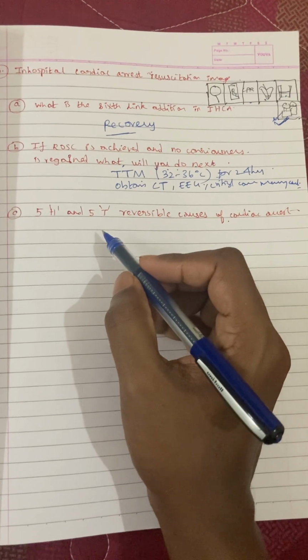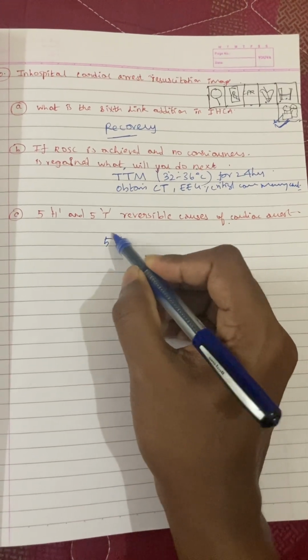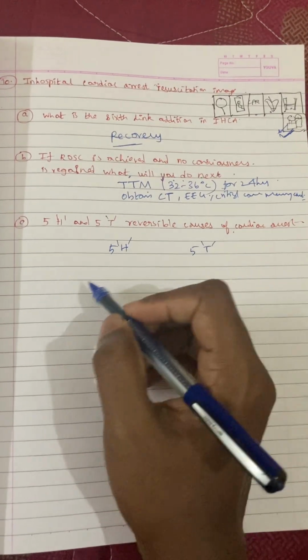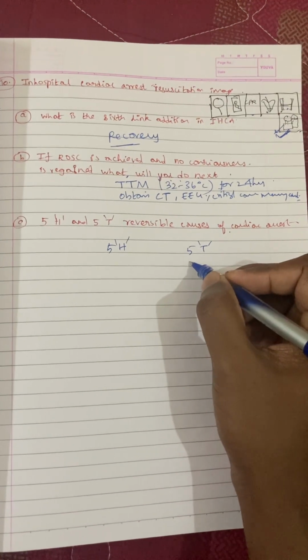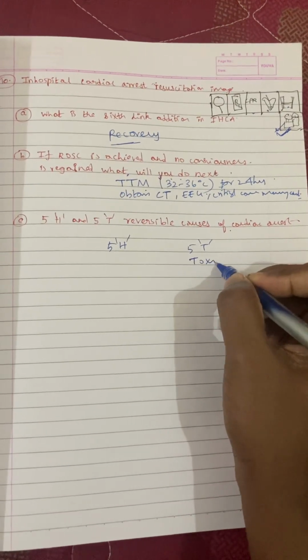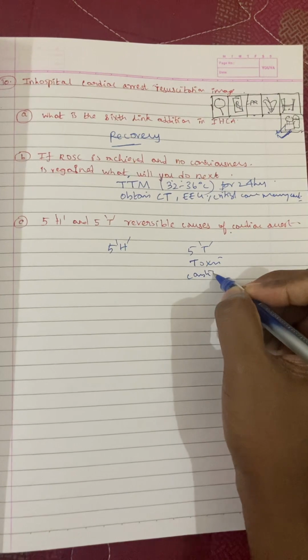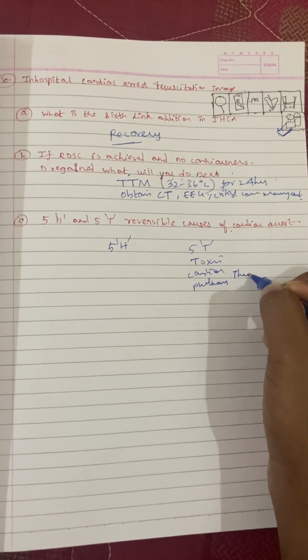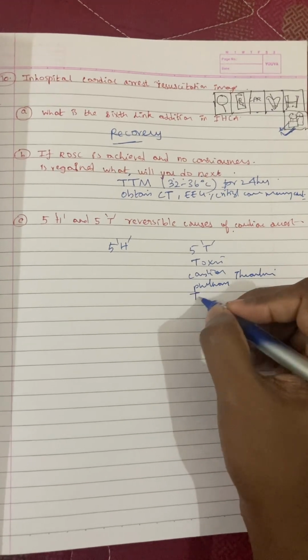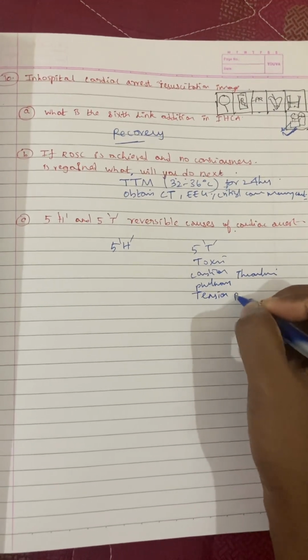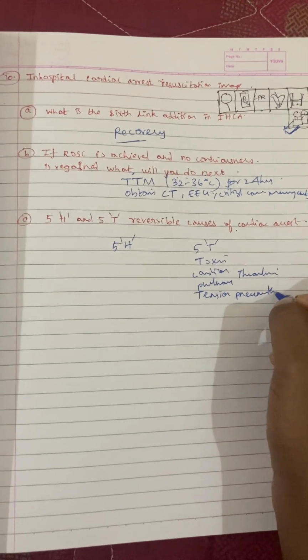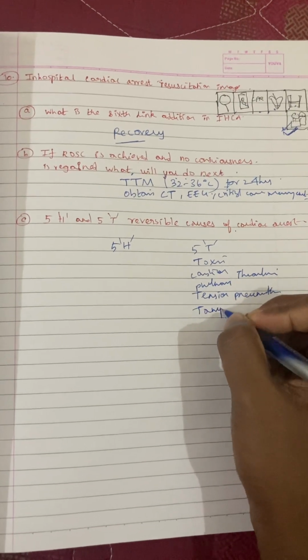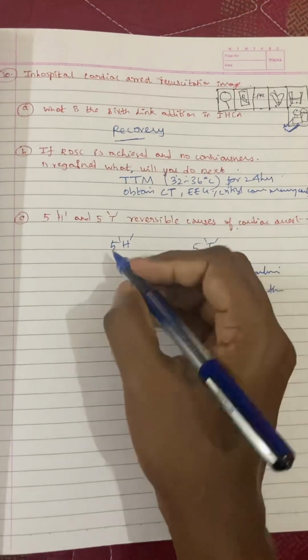So next, the third question is, they asked about what are the 5Hs and 5Ts of reversible causes. You know the 5Ts: toxins, cardiac and pulmonary thrombosis, tension pneumothorax, and cardiac tamponade. These are the 5Ts.